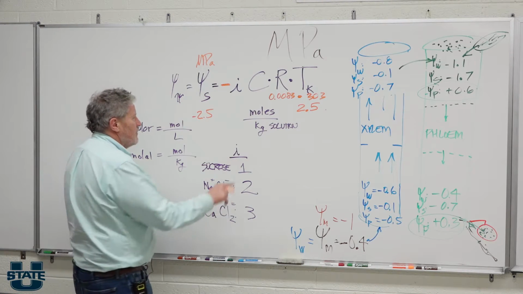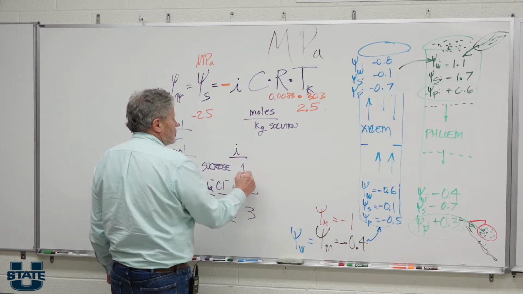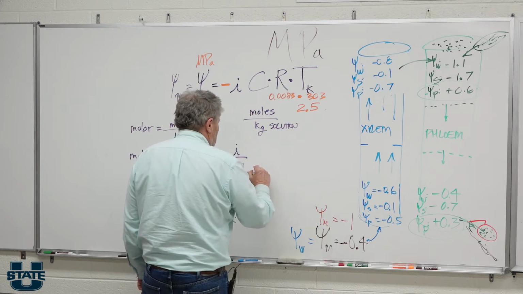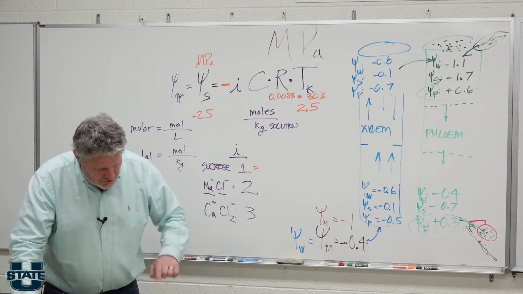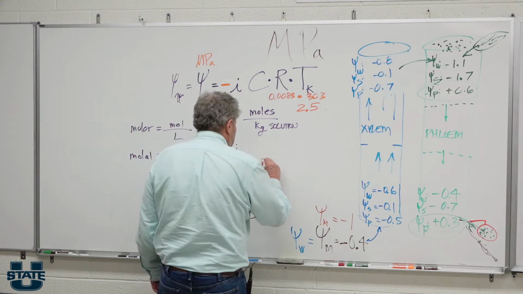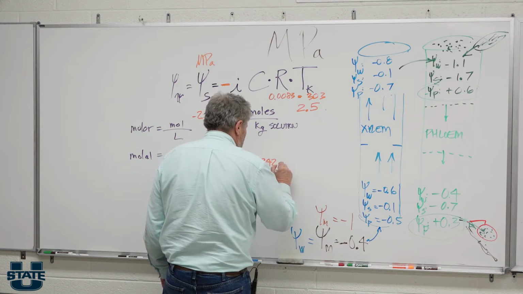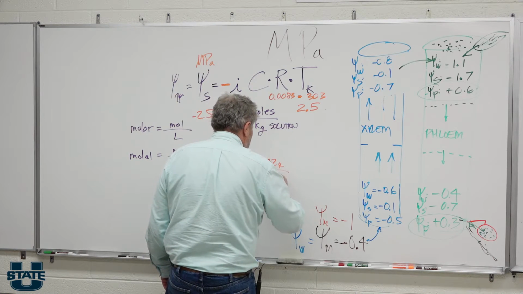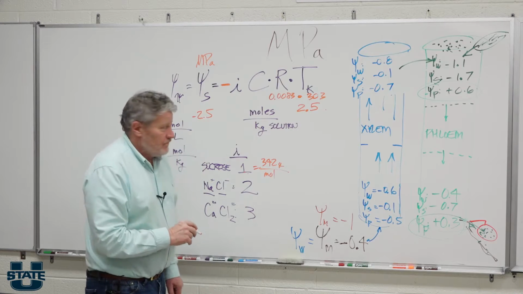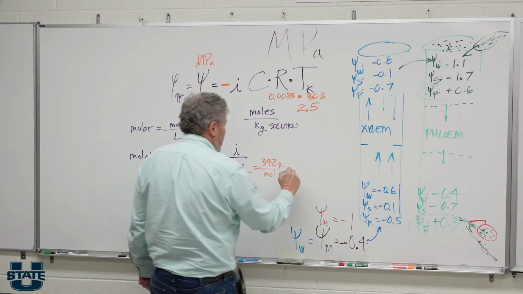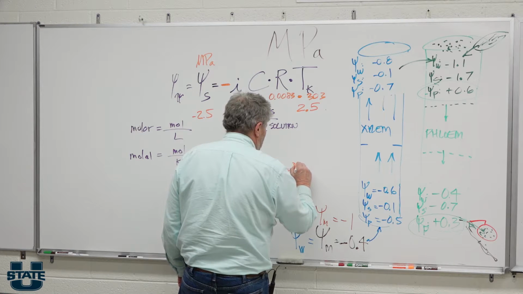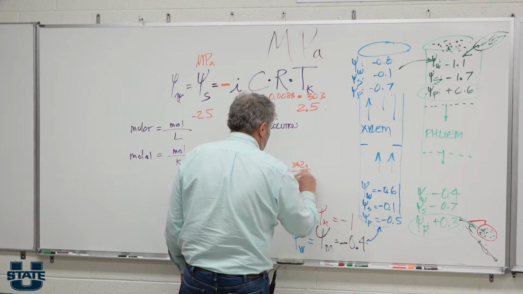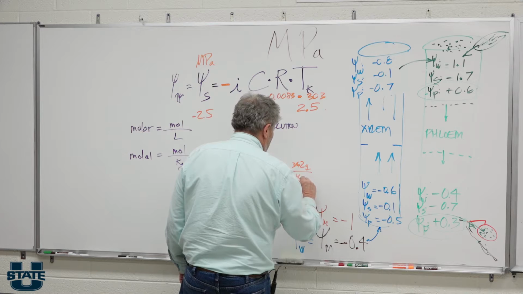If it takes 1 mole, and this is 1, sucrose, I've worked this out here, is 342 grams per mole. Big molecule. And a kilogram, this would be 342 grams per kilogram.